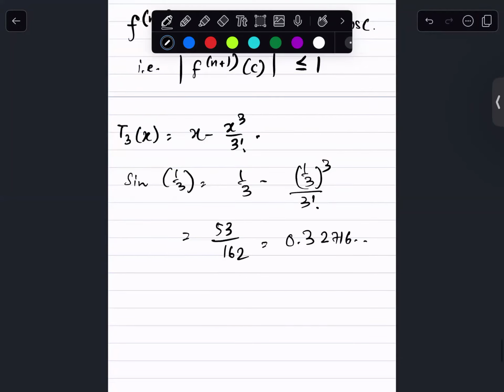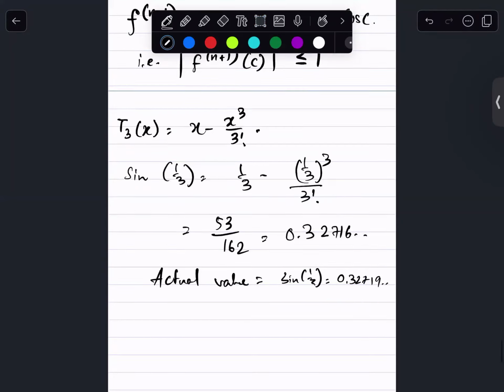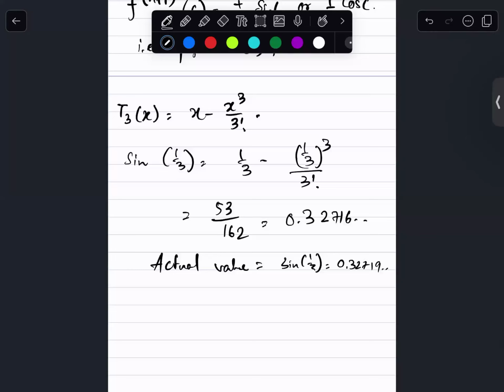But if I use the calculator, the actual value will be 0.32719. So you see that in the fifth digit after the decimal point, I'm getting the error.